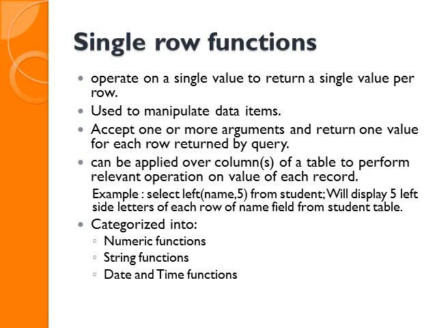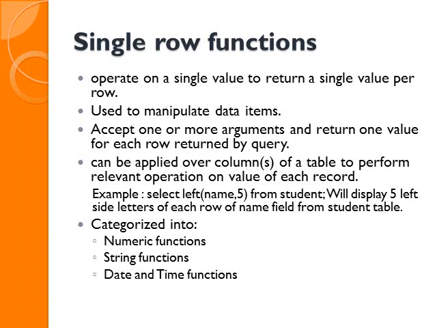Single row functions are used to manipulate the data items, no doubt, and they accept either one or more than one argument. Means inputs to these functions can be one or more, but it will always return one value for each row returned by the query.